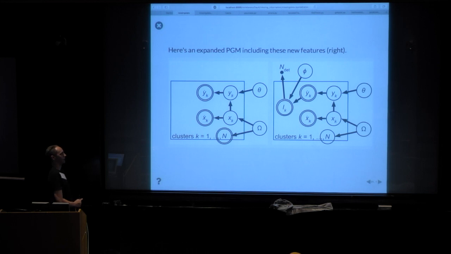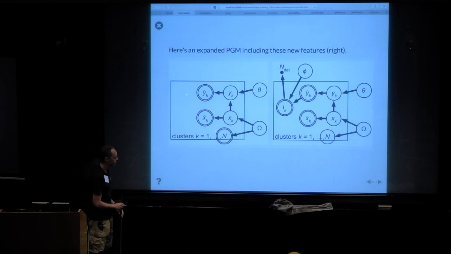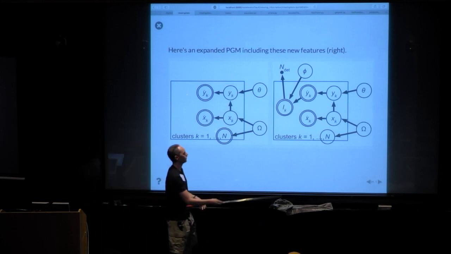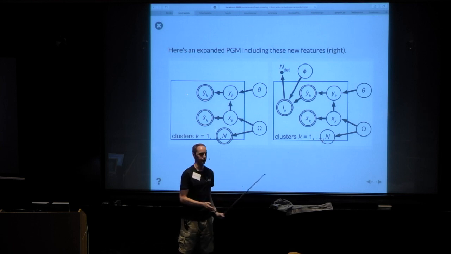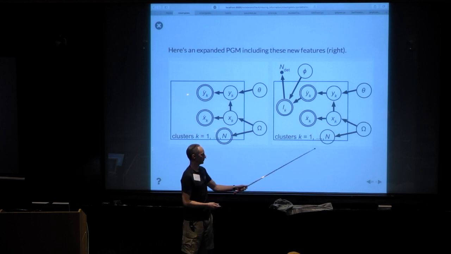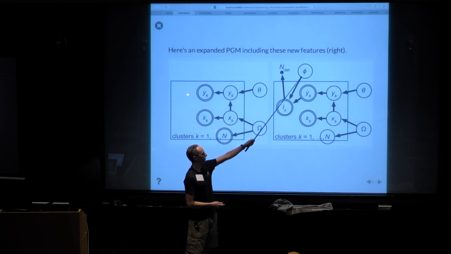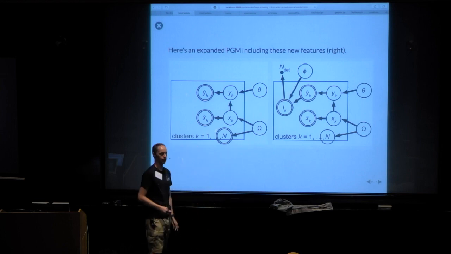Okay, so here on the right-hand side is a new PGM, and the left-hand side is the old PGM. So what's different? One difference here is that the total number of thingies in the universe is now in a single circle because it's not data, we don't observe it, but it's still a parameter. That's relatively straightforward. We've just added these detection-related parameters phi in case they exist.